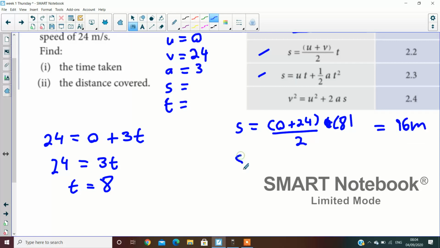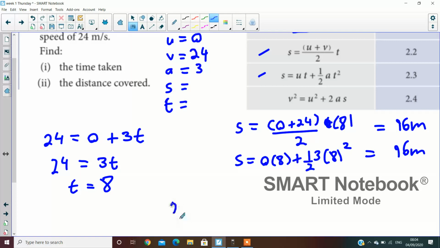Next one, S is equal to UT plus a half AT squared. 0 times 8 plus a half, 3 times 8 squared. 8 squared is 64, half of 64 is 32, 3 times 32, once again gets you your 96. You happy enough with that? And finally, the last one, V squared equals U squared plus 2AS.